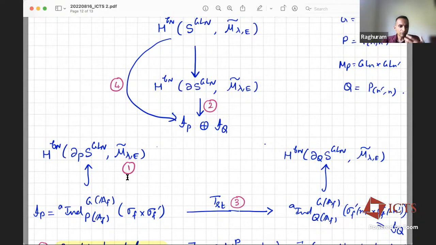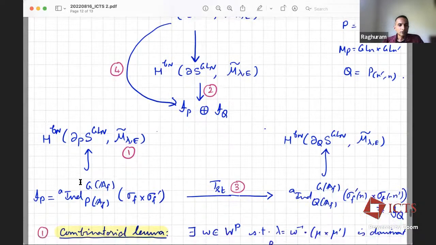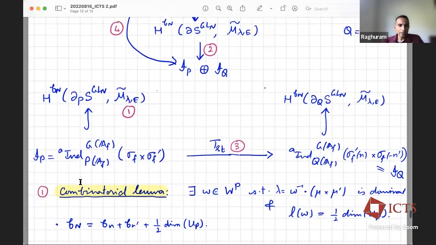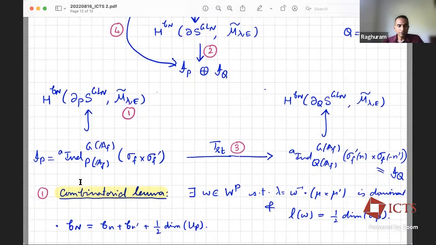And the first technical step is to somehow realize this as contributing to the cohomology of that part of the boundary, del P, of the Borel-Serre boundary, in a special degree b sub n. So this involves some Weyl group combinatorics, which was some amount of work for me.